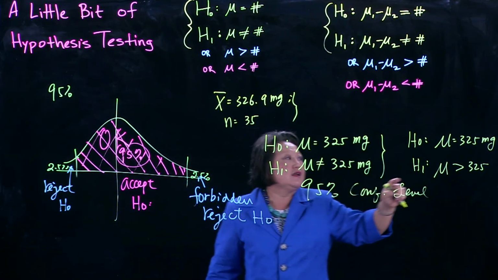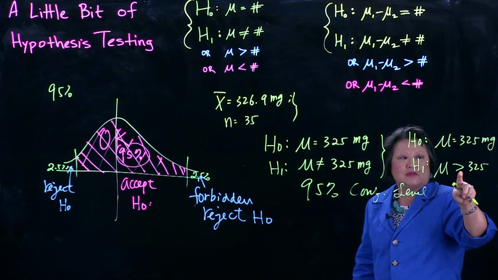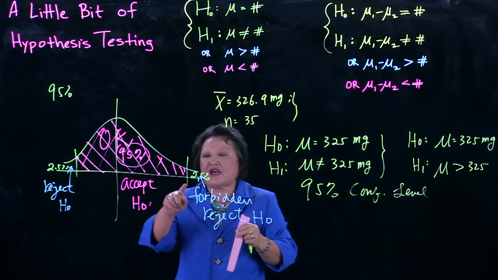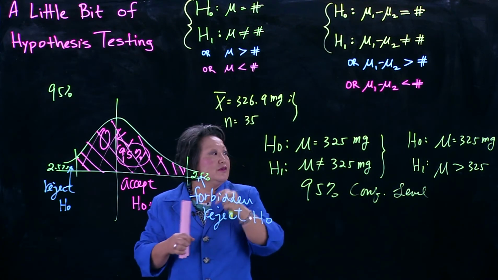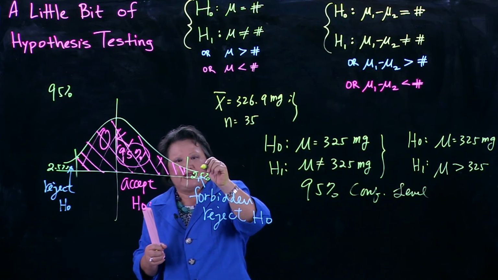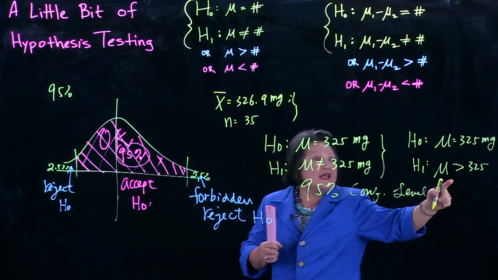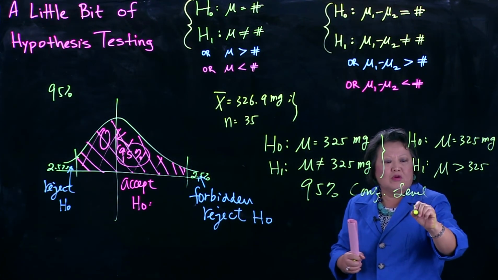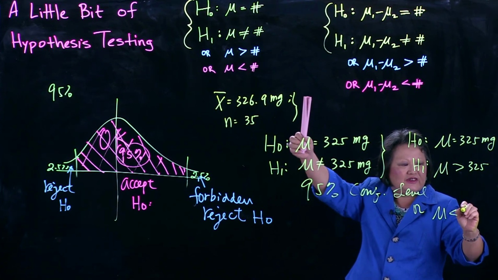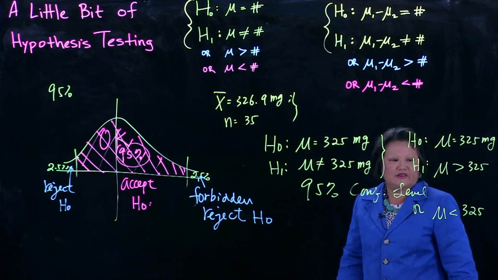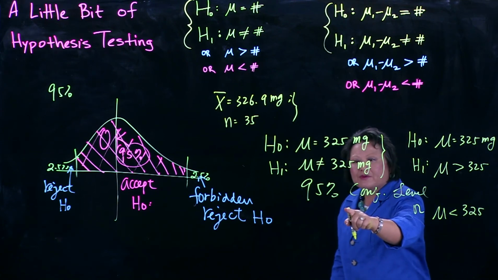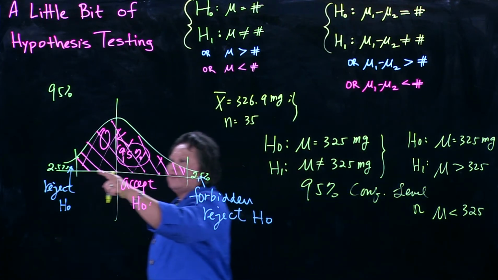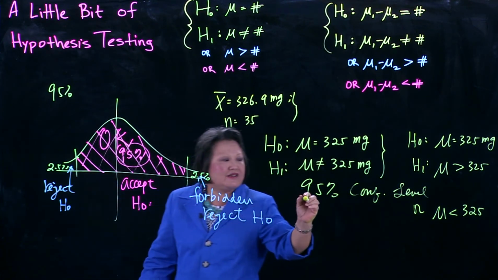If you're doing larger, then you're interested in finding the value that leaves all of the 5% to the right. If you're doing smaller, or if the situation warrants it, then you put all the 5% to the left over here. You're still doing 95%.